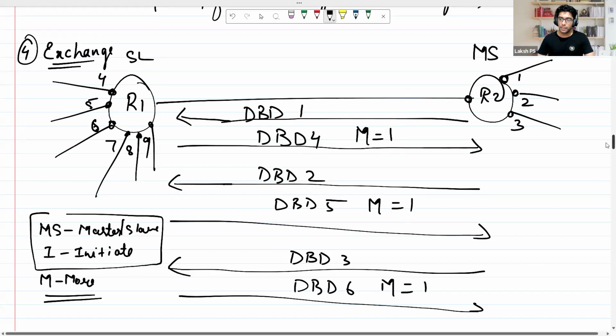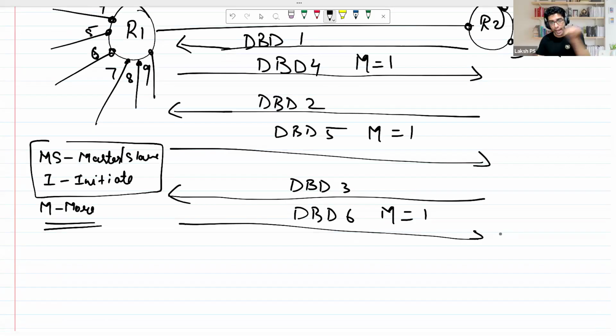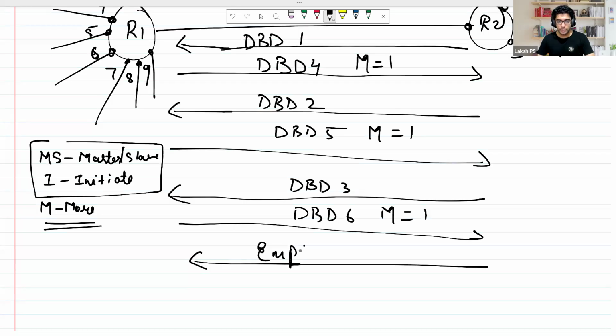Now, when this DBD number 6 is received by R2, it knows that R1 has more bits to exchange with me. So R2 will send an empty DBD. It will not have any information. Now, R1 has a DBD from R2.